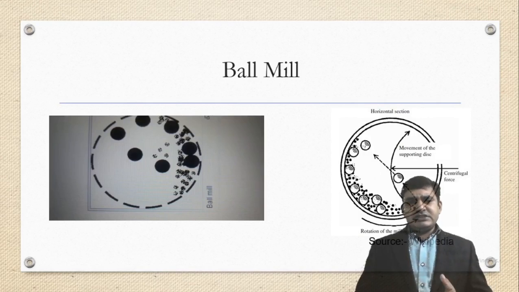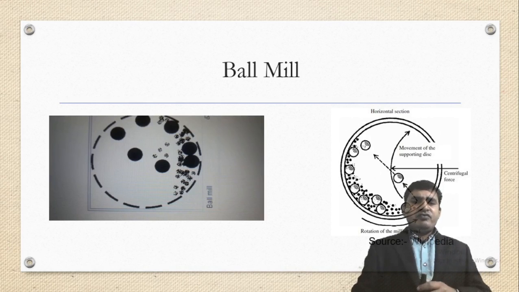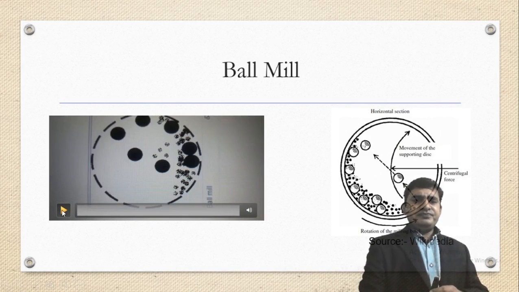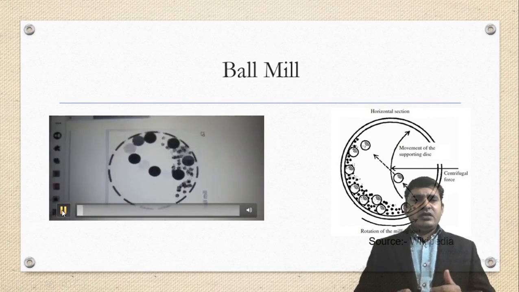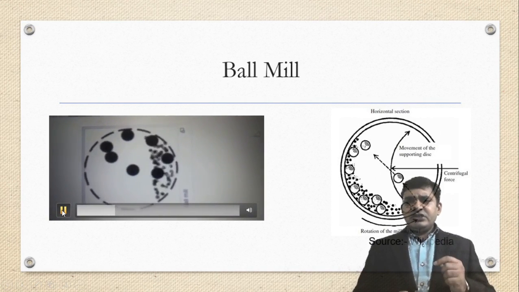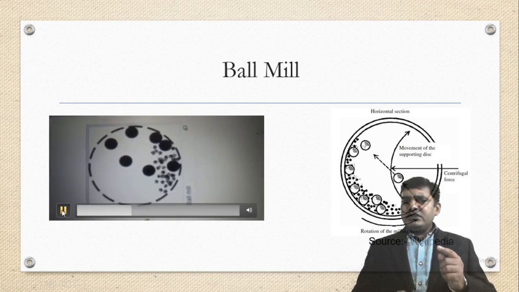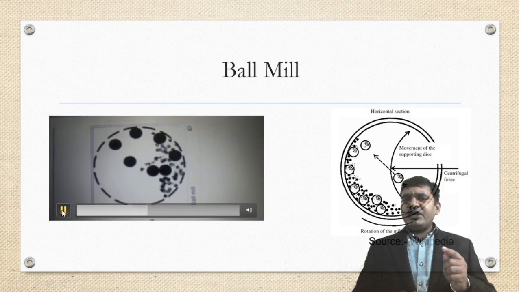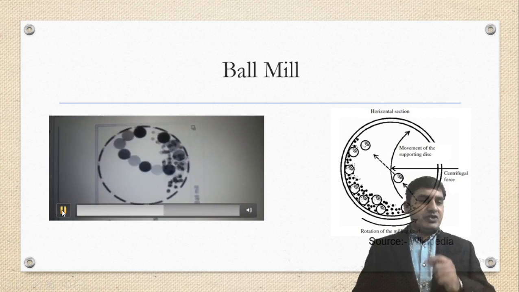Now here is one of the mills. Here the cylinder is rotated so that the tungsten carbide balls are also rotated.